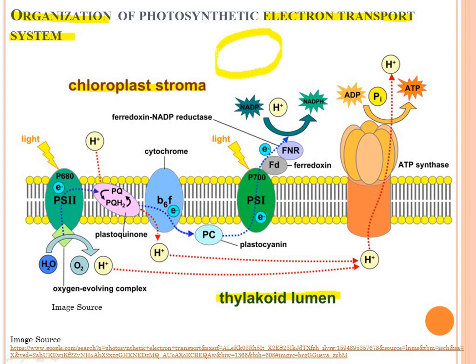If this is the chloroplast and these are the grana, then the membrane of the grana or thylakoid contains these transmembrane proteins. They are proteins associated with the membrane. This white space is known as the chloroplast stroma, while the inner space of the thylakoid is known as the thylakoid lumen.